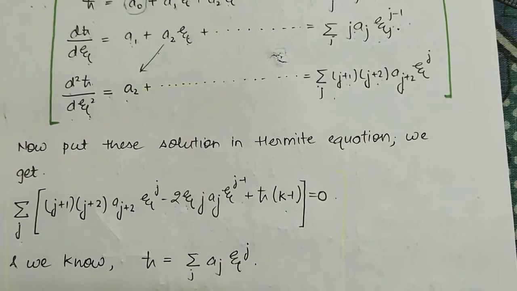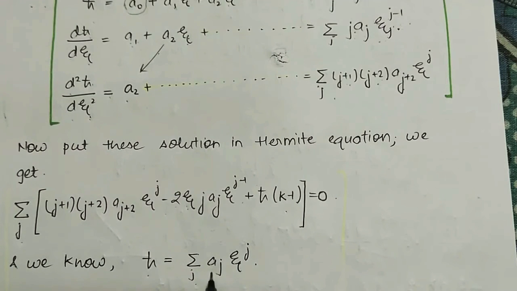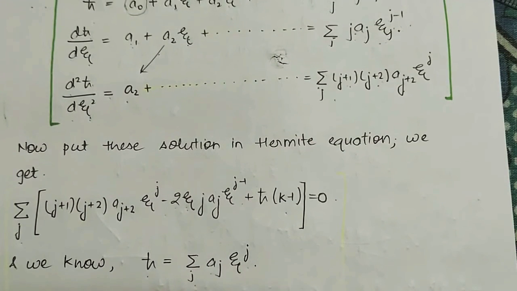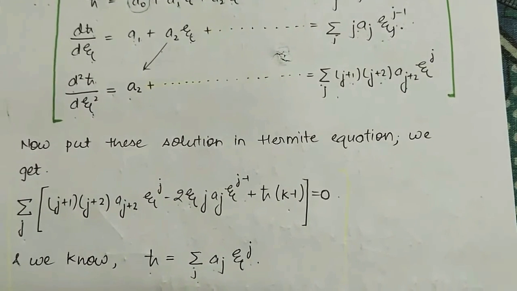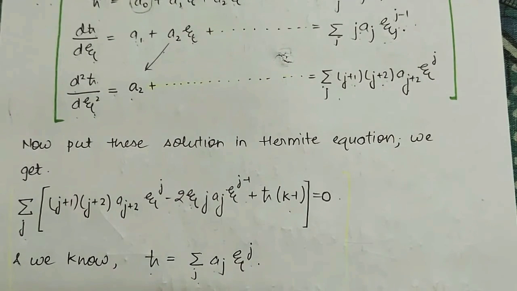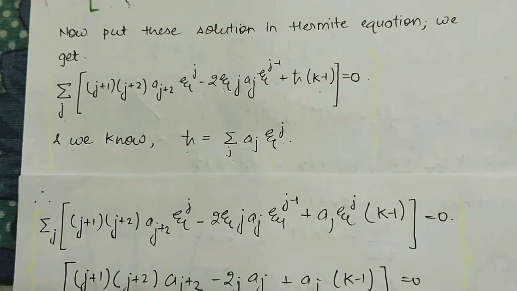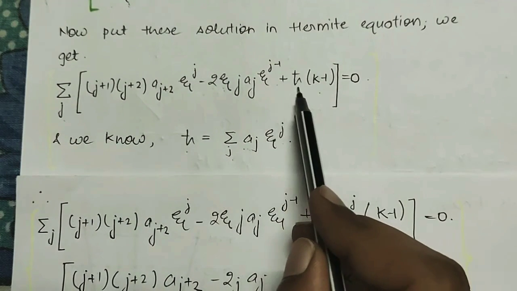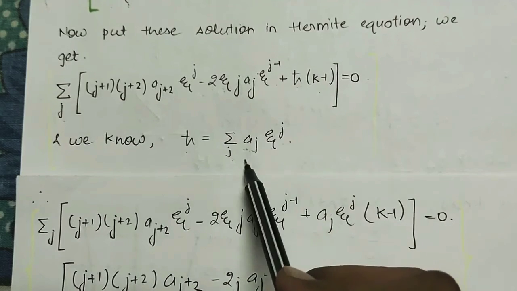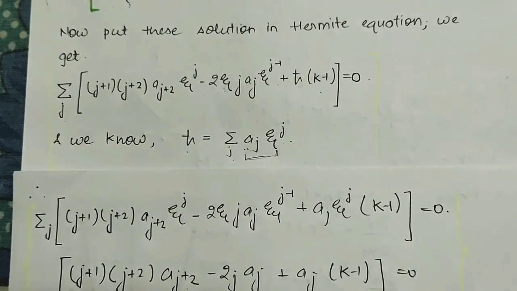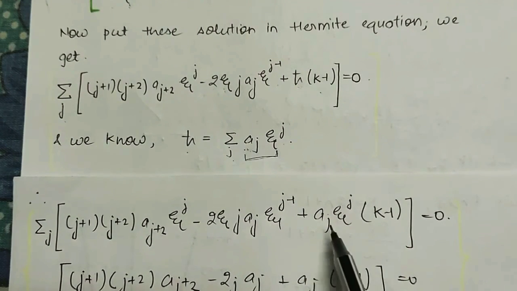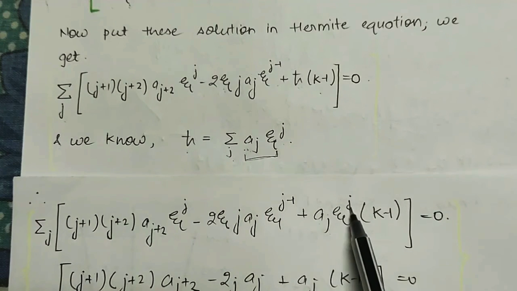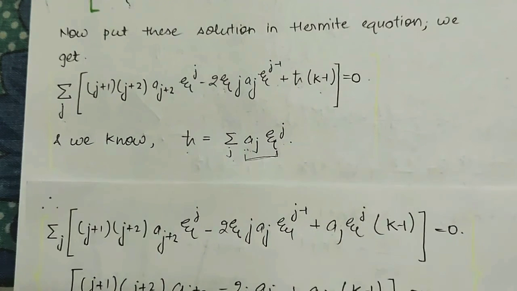Now we know h cross is equal to sigma j a j xi j, as we previously discussed. So in place of h cross, this value we will put.